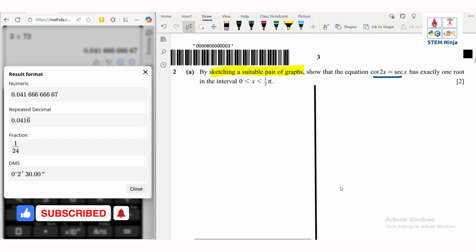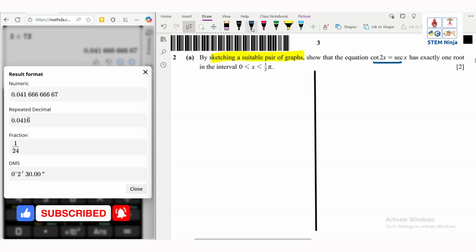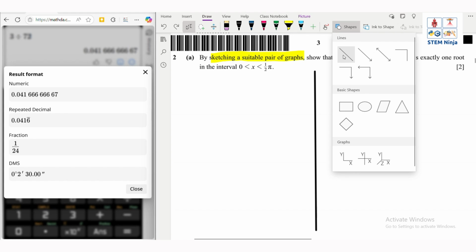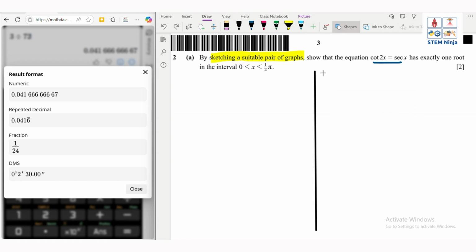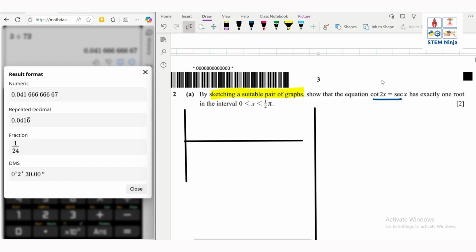All right. So let's see if we make them this way with a cot form first. Remember we only have to go from 0 to half pi. Now, what this times by 2 does is it reduces the period by half.